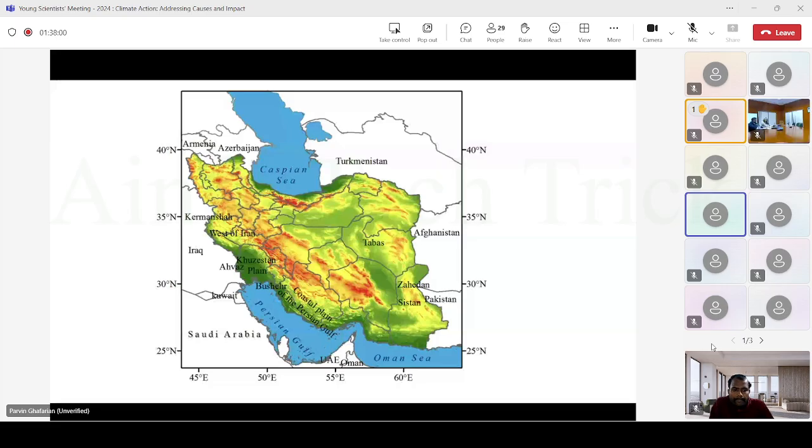The two main deserts of Iran, Dasht Kavir and Dasht Lut, receive less than 50 millimeters of rain annually. And in subtropical areas, for example, the coastal area of the Caspian Sea, we have forest and a subtropical climate. The north edge of the country is humid, with temperature rarely falling below freezing.